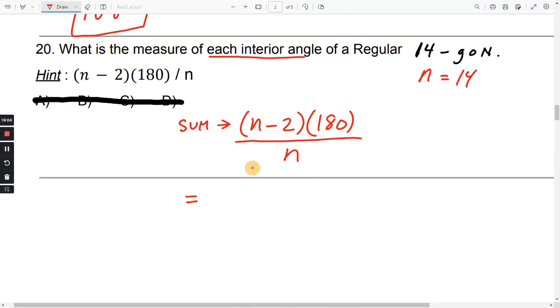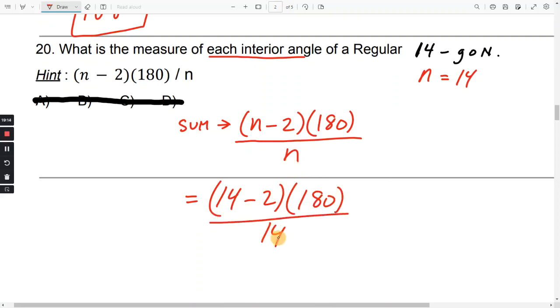Anyhow, n is 14, so 14 minus 2 times 180 and divided by 14. 14 minus 2 is just 12, so I'll do 12 times 180 divided by 14.